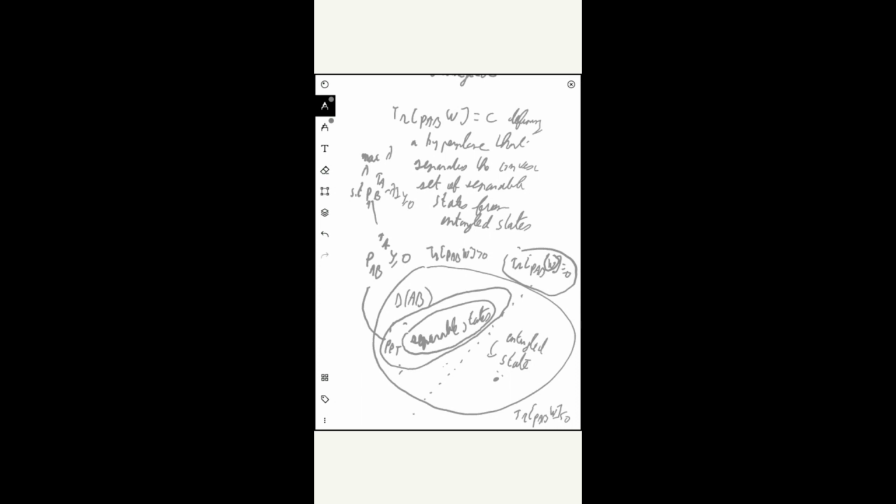Thanks to strong duality, the dual will give us the optimal W that realizes the minimum, and we obtain then our minimum such that trace of rho_AB W equals lambda.